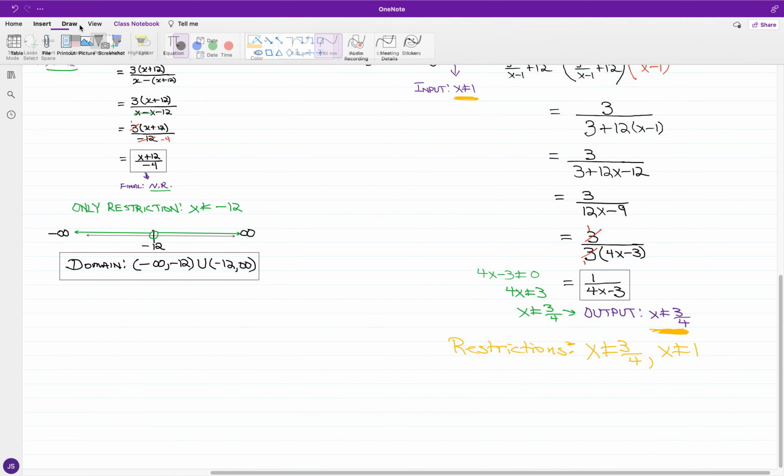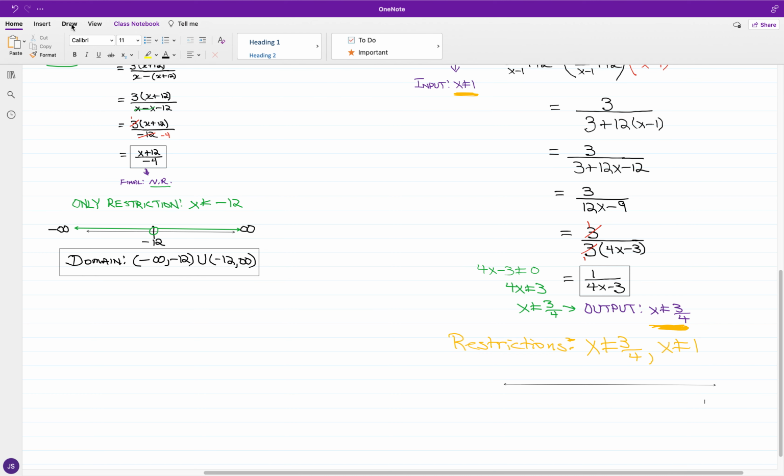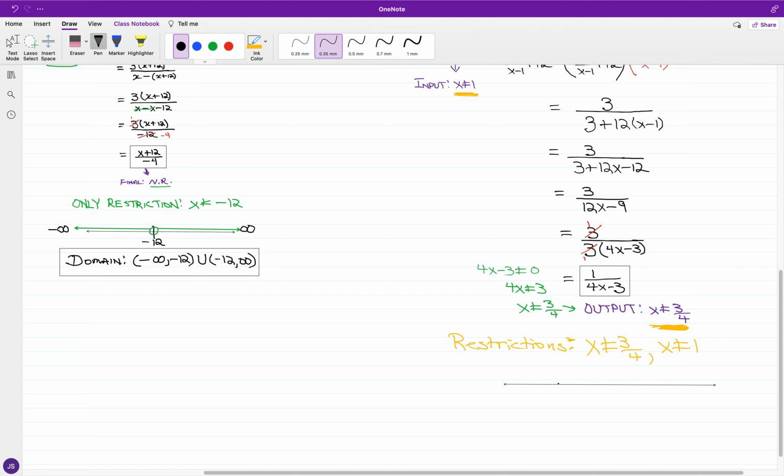And so for what we have in the overall picture, for what we have in the case of the domain, you got 3/4 and 1. Again, 3/4 is not included, neither is 1.